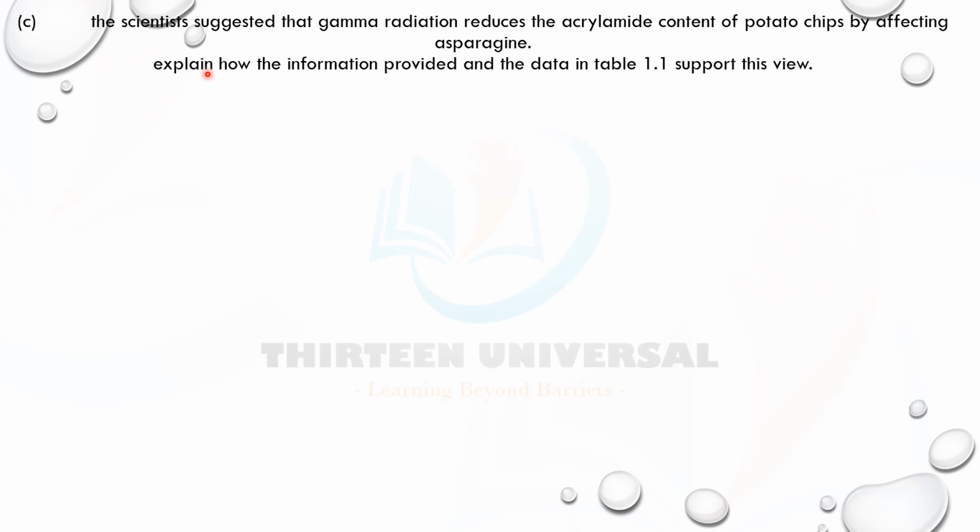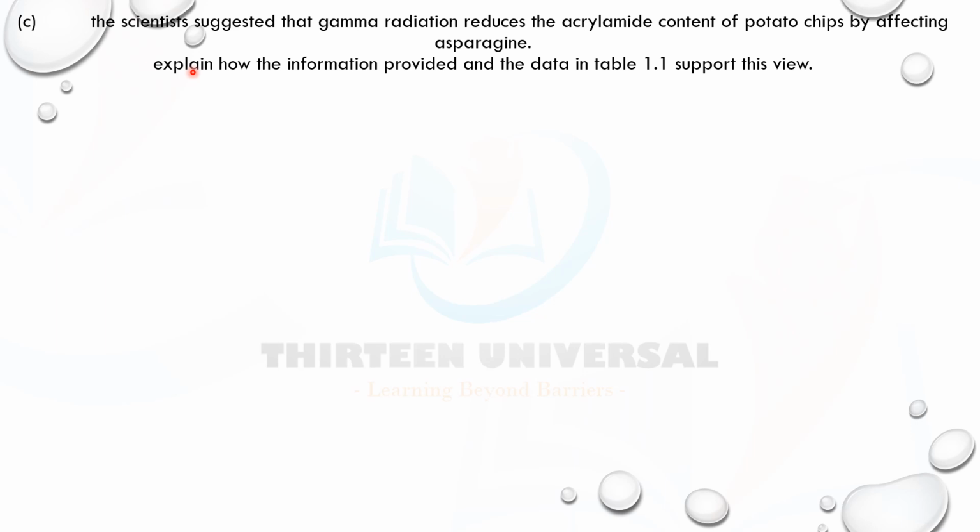But why does it decrease? It decreases because the gamma ray is actually causing the breakdown of asparagine, or protein, to volatile nitrogen-containing compounds.